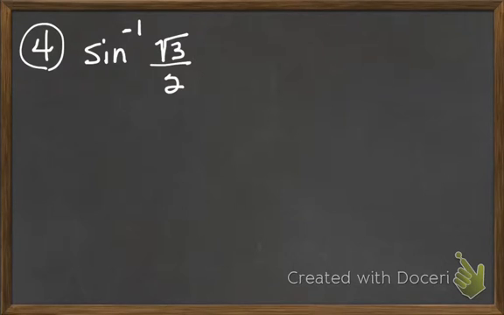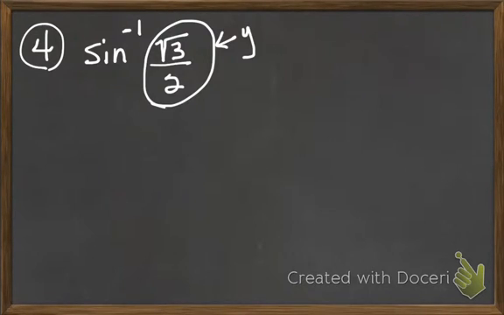I might say arc sine, I might say inverse sine. But when you see the -1, this is what they're giving you. They're actually giving you the y value, because sine is y value, cosine is x value. So it doesn't say sine of an angle, it says inverse sine of square root of 3/2. So this is a y value.